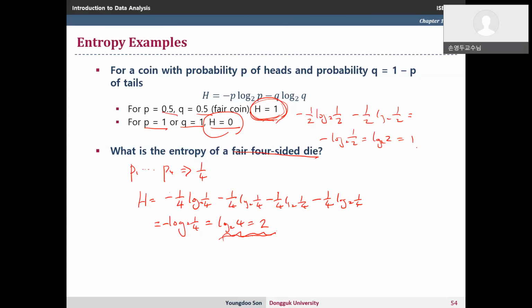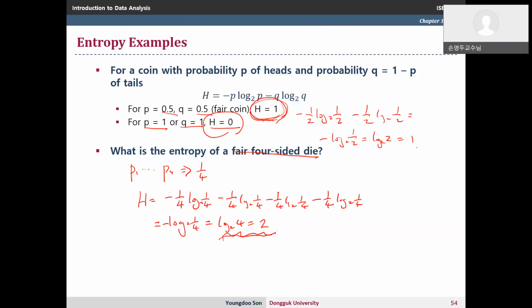So the coin has two outcomes, head or tails. So if we get some information of the result of this coin toss, then we will get the result one of two.